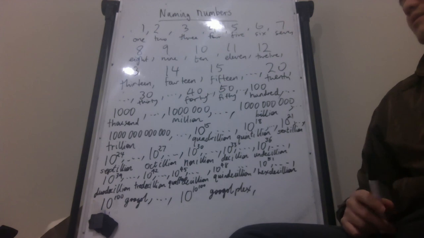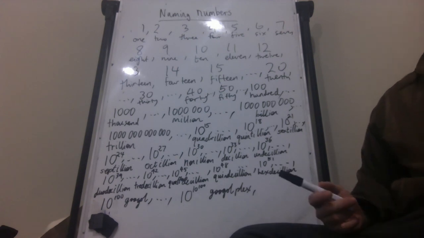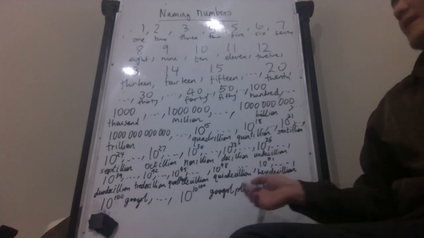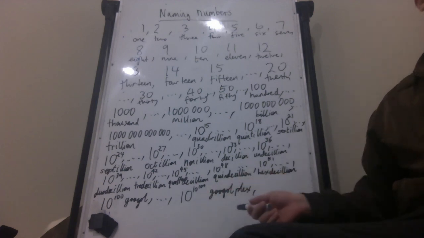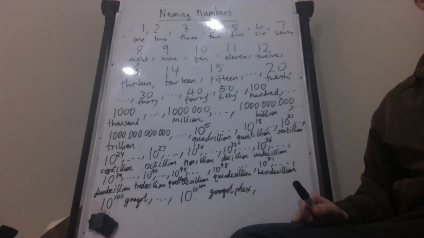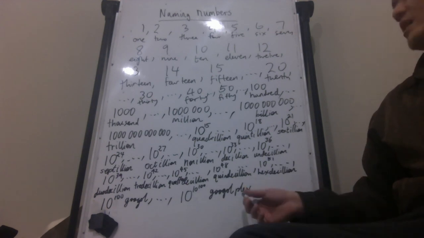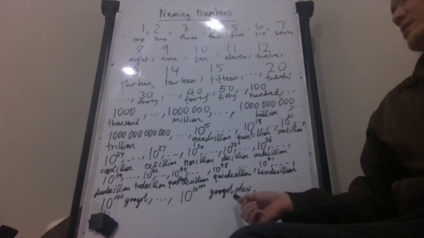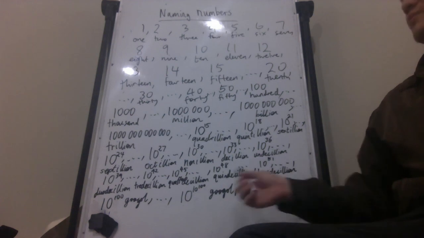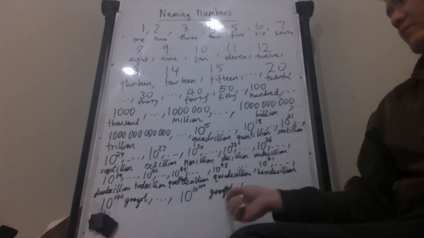So we can basically name all the numbers up to googolplex. We can't name all the numbers after googolplex, but all the numbers before googolplex, we have a pretty good way of naming with the plex.